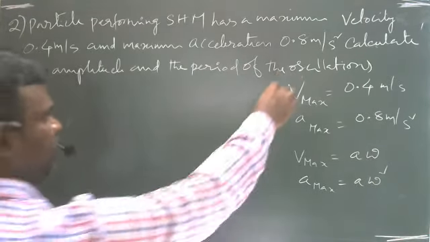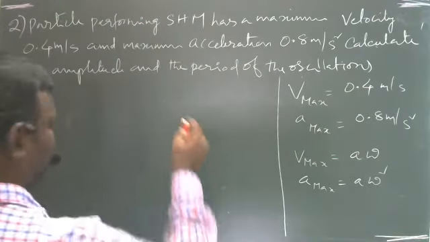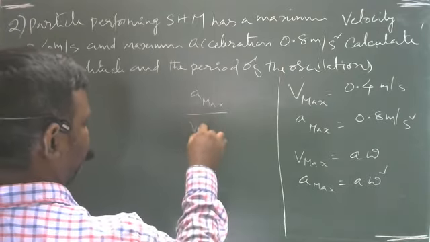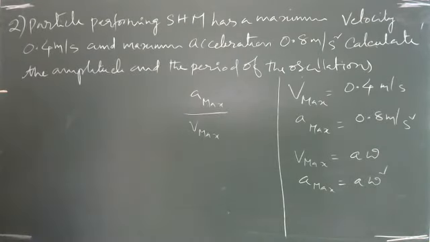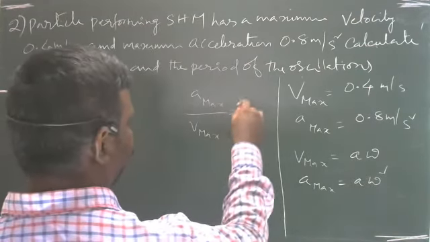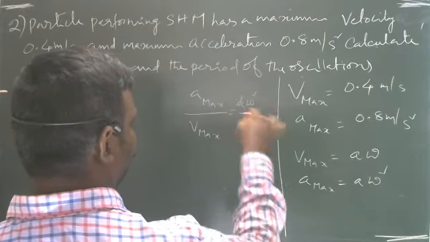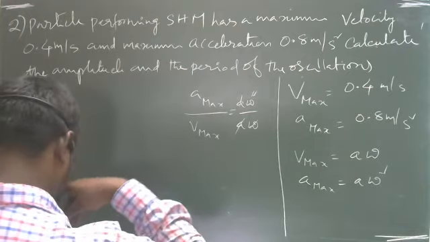Therefore I'll write the ratio A max by V max, that is A omega square by A omega. So A gets cancelled. This is equal to omega.